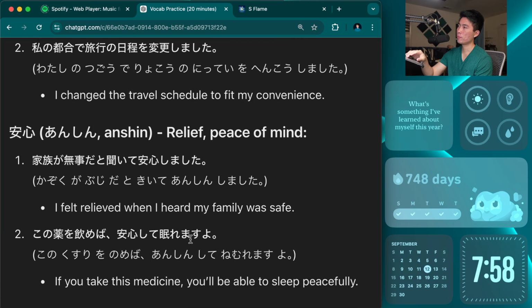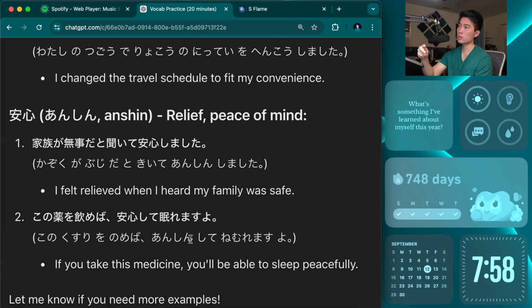Okay, anshin. 家族が what's this one again? 無事だと聞いて安心しました。無事 means safe?